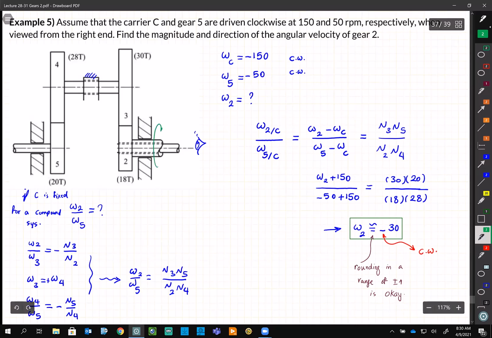Clockwise means like that. And 5 is also rotating clockwise, rotating like that. And we found that 2 is also rotating clockwise. Okay, this is the rotation. So this is omega 2, this is omega c, and this is omega 5.